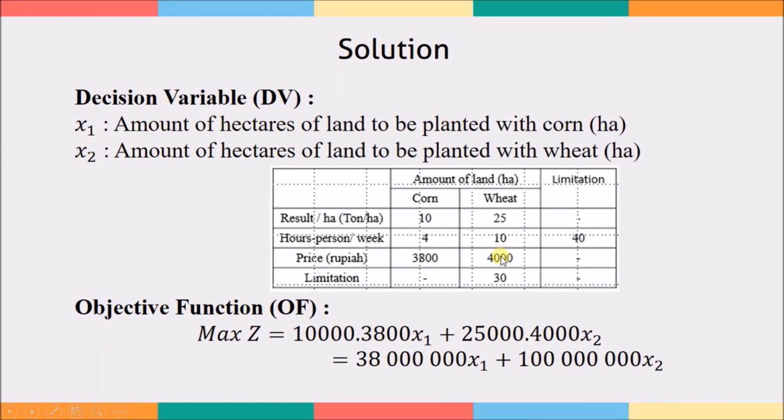And we also determine the objective function in this problem. The objective function is to maximize the profit from the land to be planted with corn and wheat, and the equation is 38 million x1 plus 100 million x2.